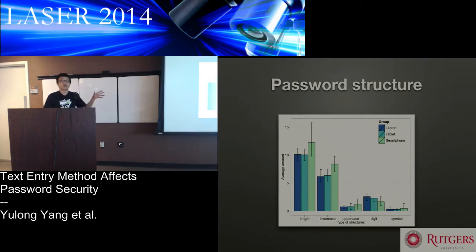The bars show the mean value of each group, and the whiskers show the 95% confidence interval of each group based on bootstrap, because our data was not normally distributed. You can already see that the password lengths and lowercase letters are different across groups, right? And the rest of them are kind of similar.